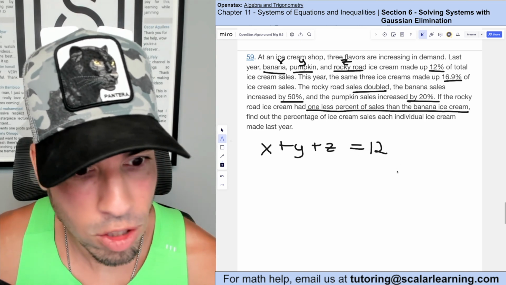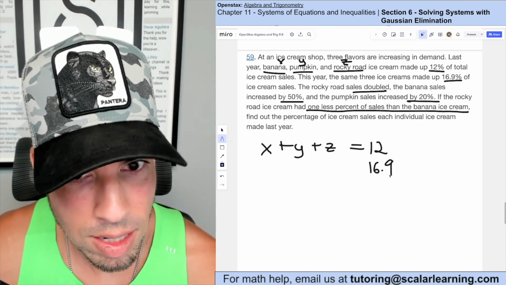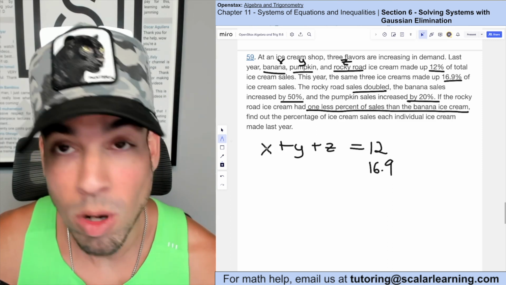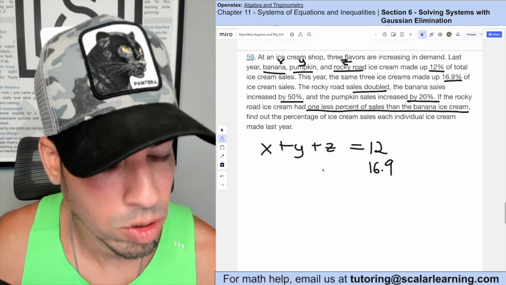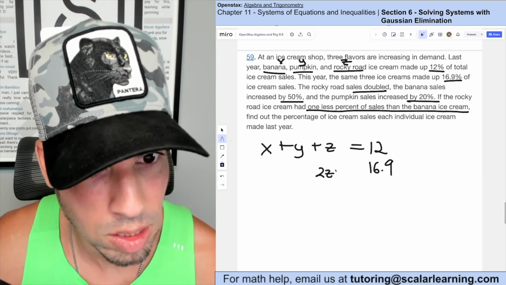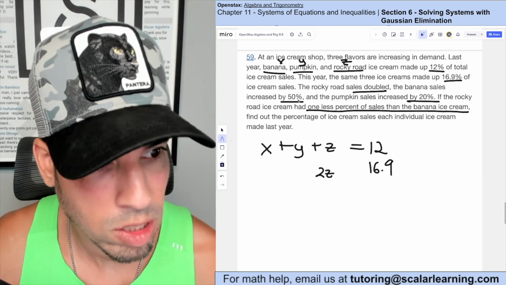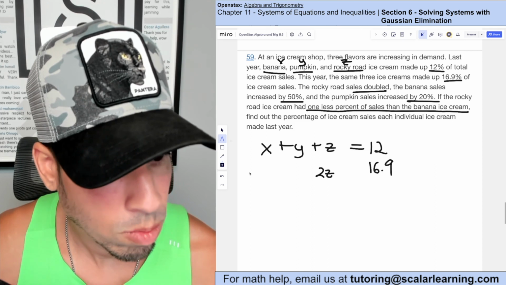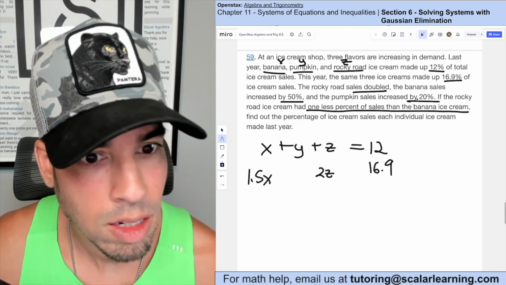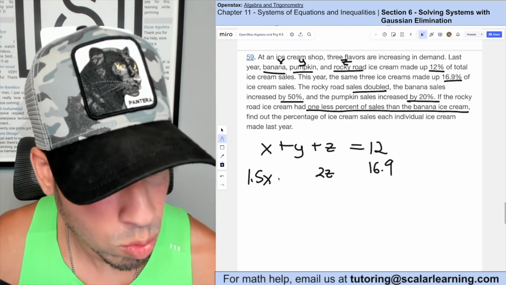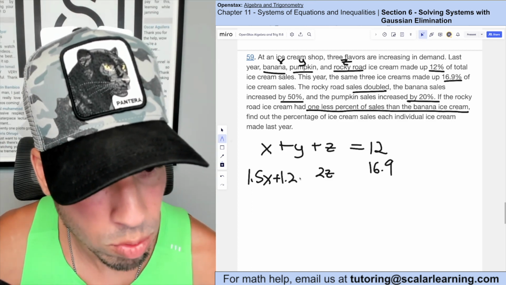Now it says this year they made up 16.9%, but we want to still have the same three variables. And what it says is Rocky Road doubled. So Rocky Road is now 2z. The banana sales increased by 50%. Banana is x. So by increasing by 50%, it's like multiplying by 1.5. And then the pumpkin sales increased by 20%, which is like multiplying by 1.2.